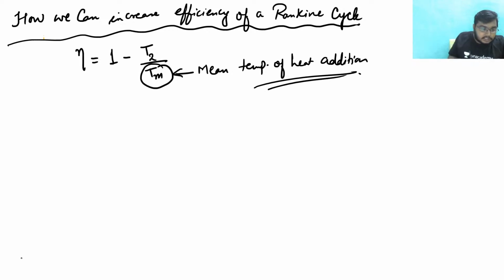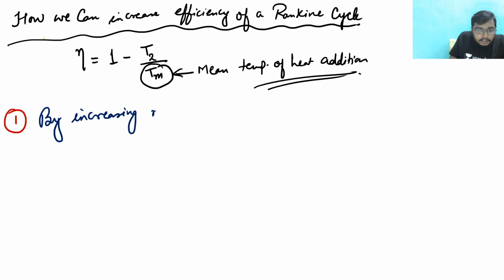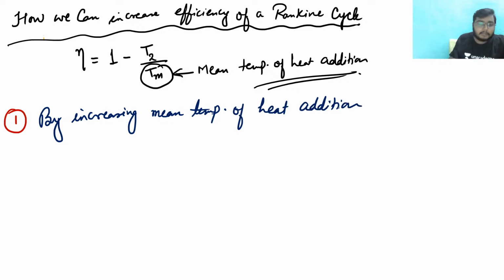So the first way we can increase the efficiency is by increasing the mean temperature of heat addition.